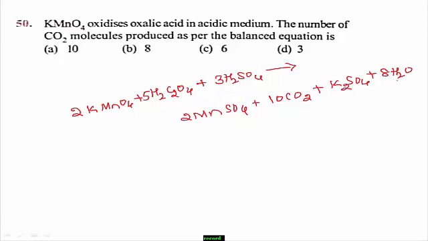Here, how many moles of CO2 are formed in the balanced reaction? There are 10 moles of CO2. Therefore, option A is the right answer. 10 moles of CO2 are produced.